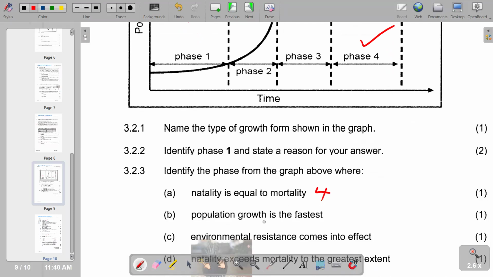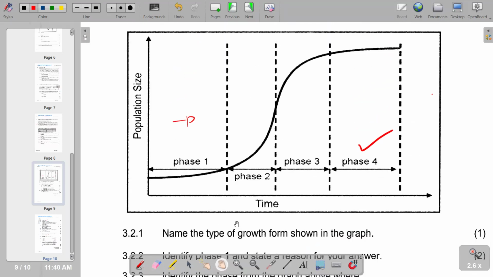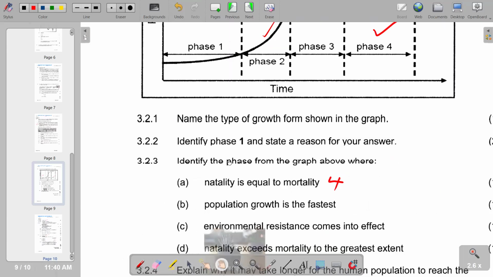Then where population growth is the fastest, we check where we have the steep slope of the curve. That's where we have the steepest part, on phase 2. So phase 2 is our response on that part, which is this part. So we indicate phase 2.